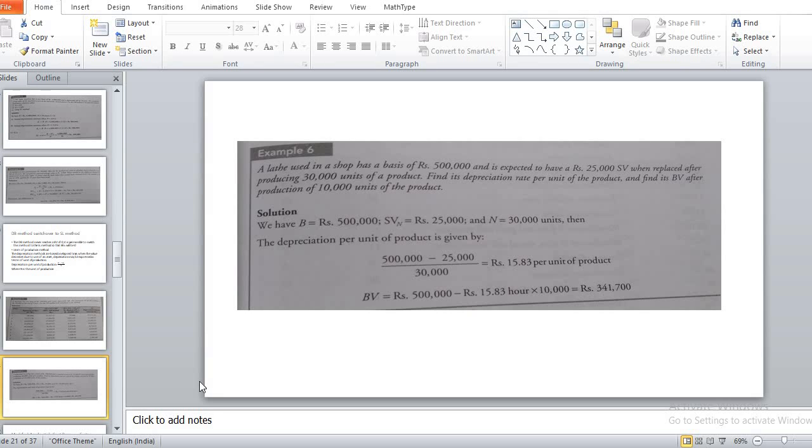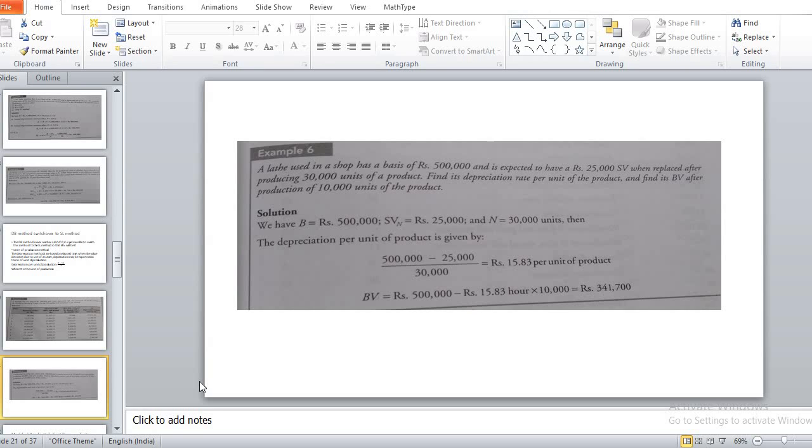Another one is the unit of production method. These are the depreciation methods we consider.